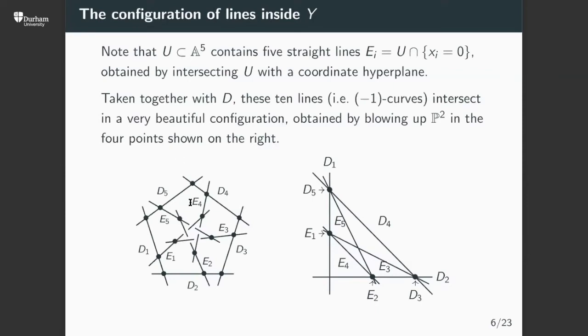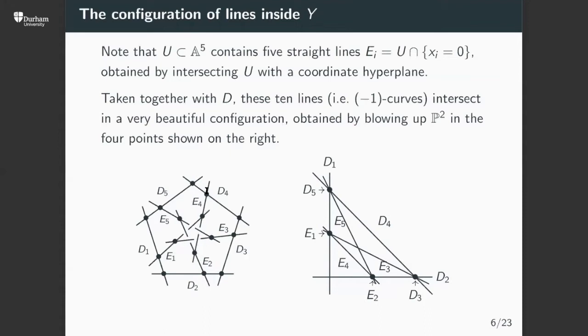So the 10 lines in this del Pezzo surface, 5 of them form a pentagon at infinity, and 5 of them form another pentagon in the interior of this surface U, which is more like a pentagram.